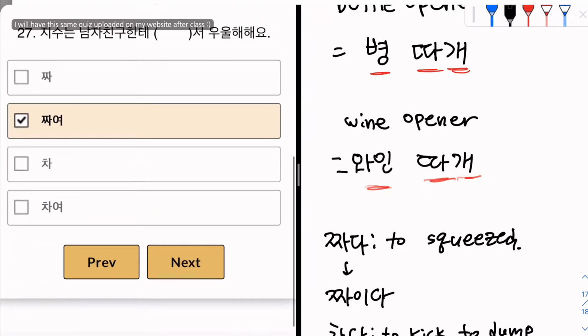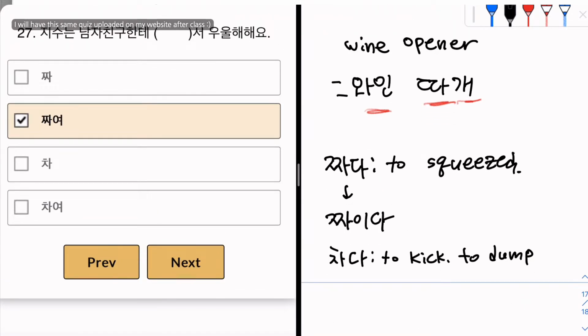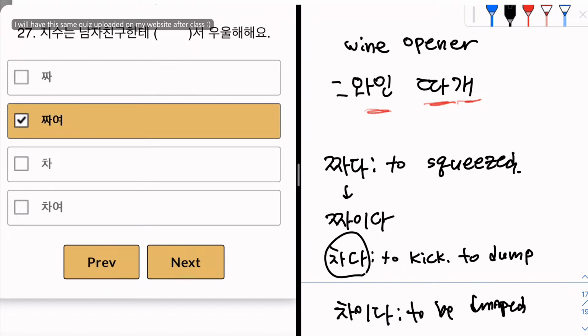Like you're saying goodbye, like I want to break up, you're breaking up with someone, then you say 차이다. You got dumped, 차이다. You dump someone, 차다, right? So 차이다 would be to be dumped. And here, you should be using the passive form because 지수 was done this action by a boyfriend, right? So it's not 차다, it's 차이다. So 지수는 남자친구한테 차여서 우울해해요.